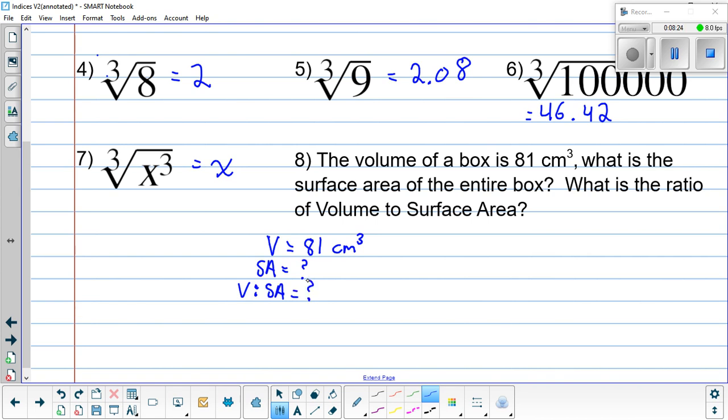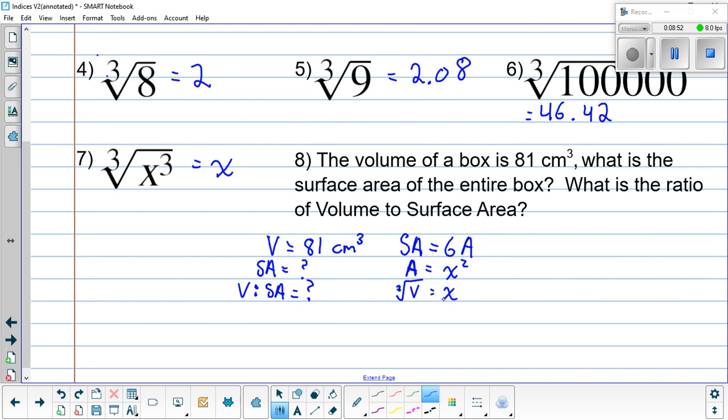So what do I need for surface area? Well, I know that surface area is equal to 6 of areas, and I know my area is equal to a length squared. So I need to find the length. So I can take the cubed root of volume is equal to my length.